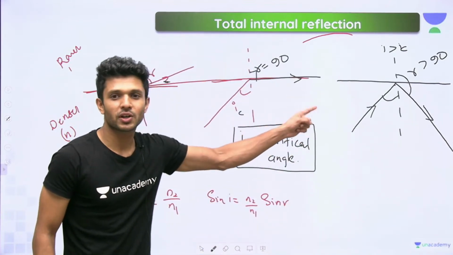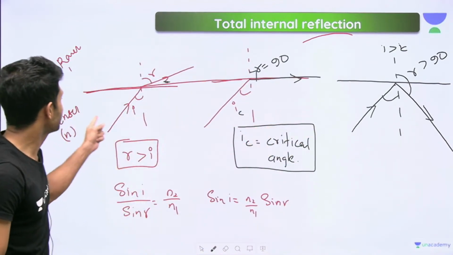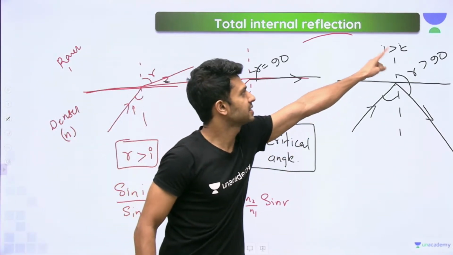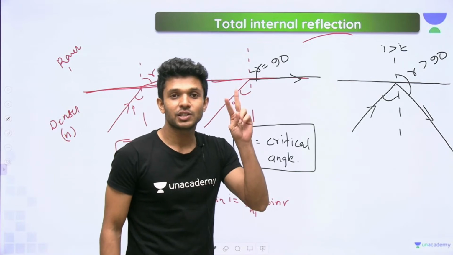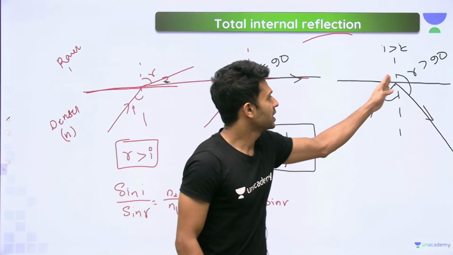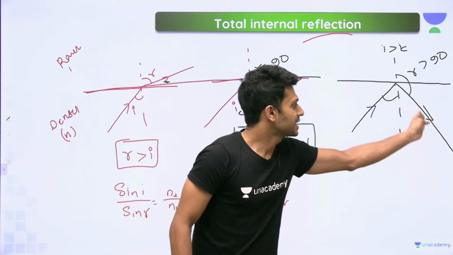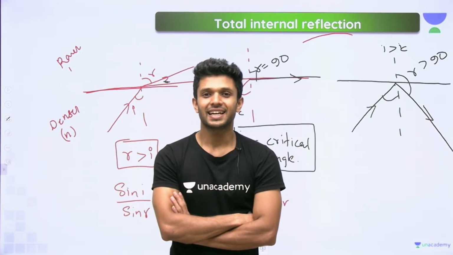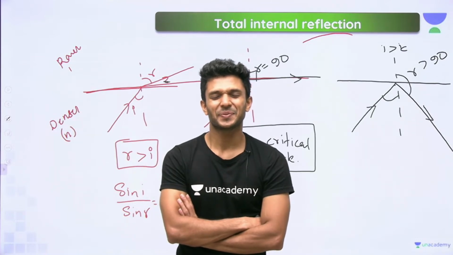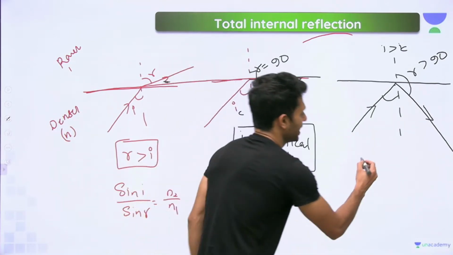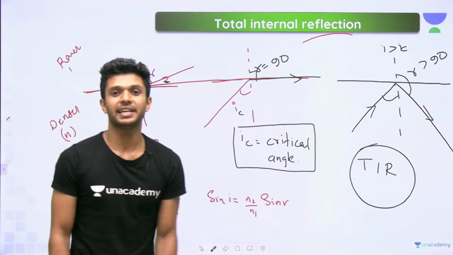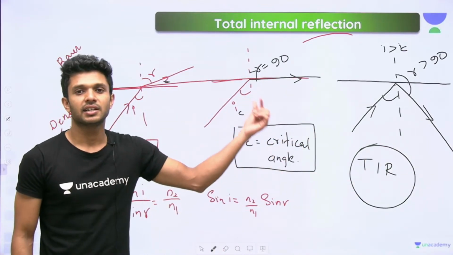So whenever a light ray moves from denser to rarer, and if the angle of incidence is greater than the critical angle, if these two conditions are satisfied, the light ray will be reflected back into the same medium. This is called TIR, total internal reflection.